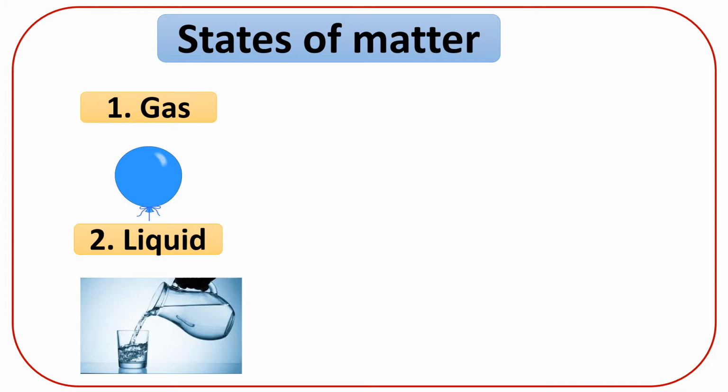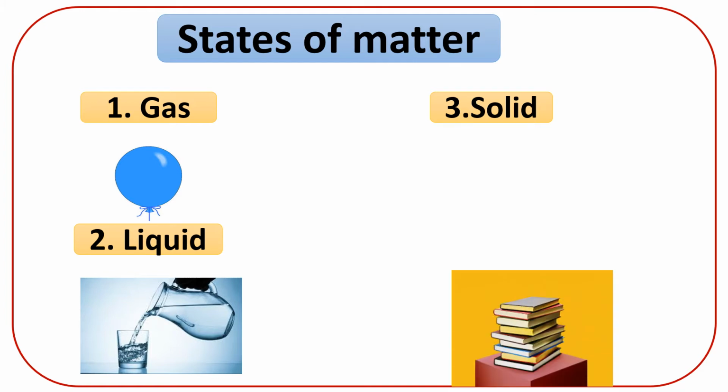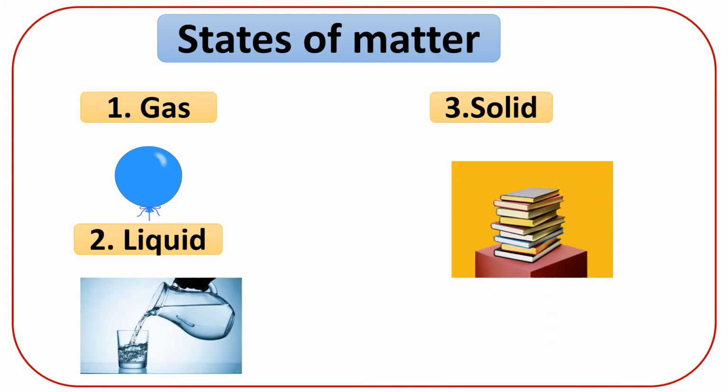Water is an example of liquids. And another state we have is solid, S-O-L-I-D. An example of solid we have is books. Books are examples of solids.